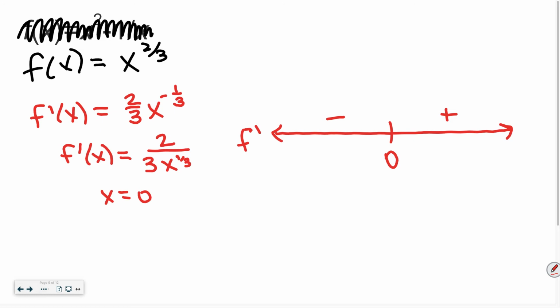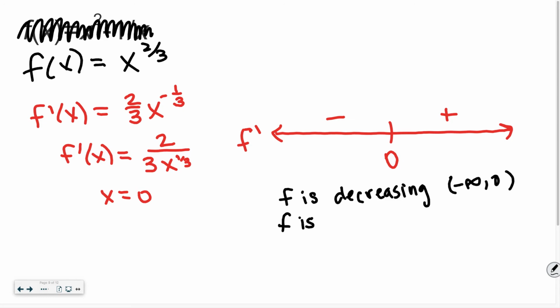Let's talk about what this means. Since our first derivative is negative, we know that our function is decreasing from negative infinity to 0. And since our derivative is positive, we know our function is increasing from 0 to infinity.